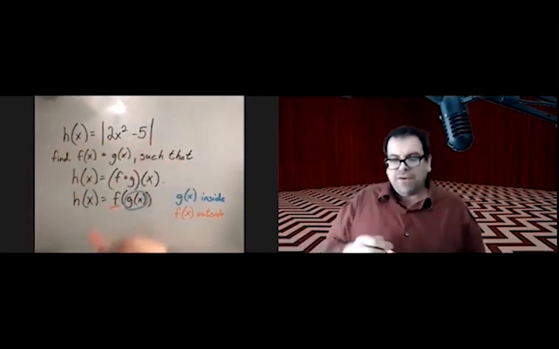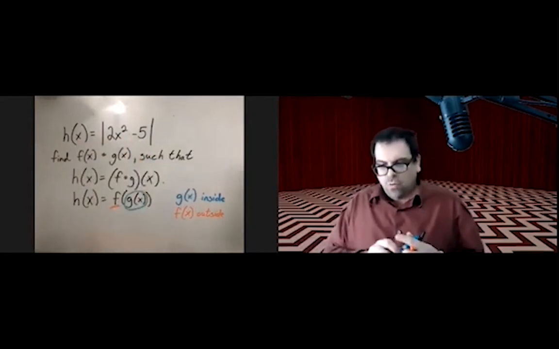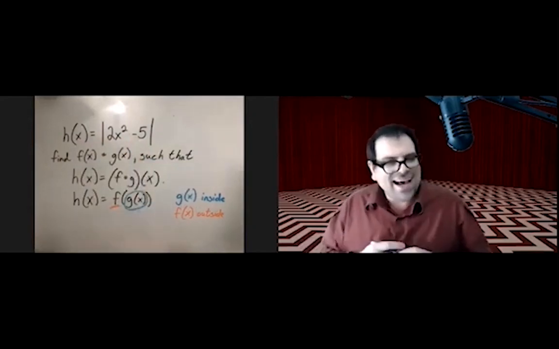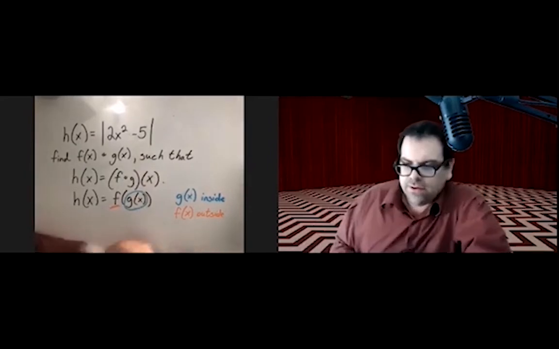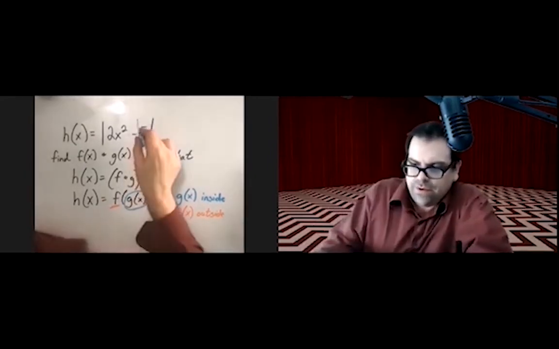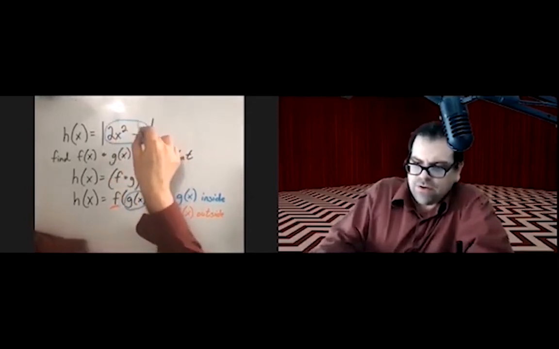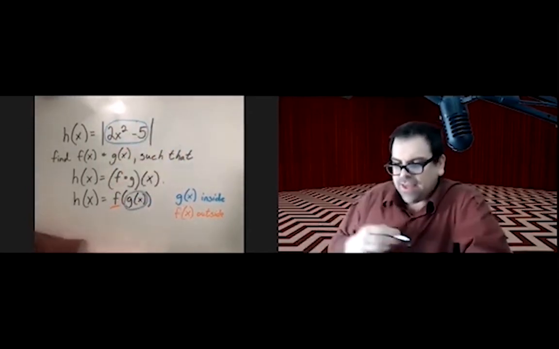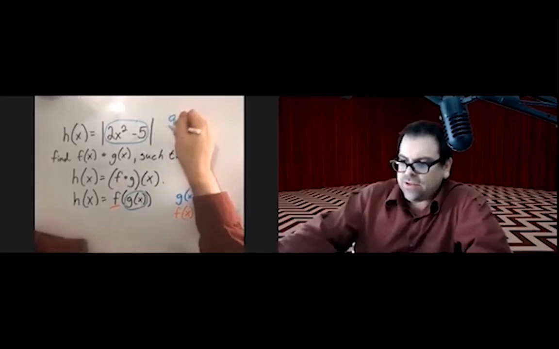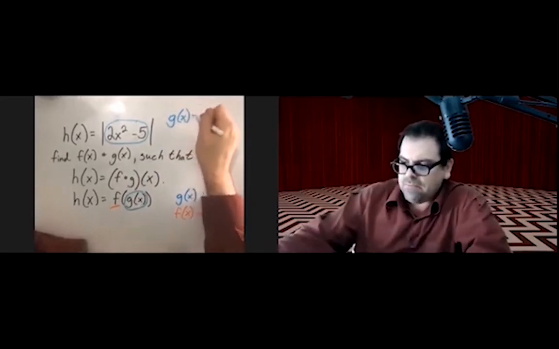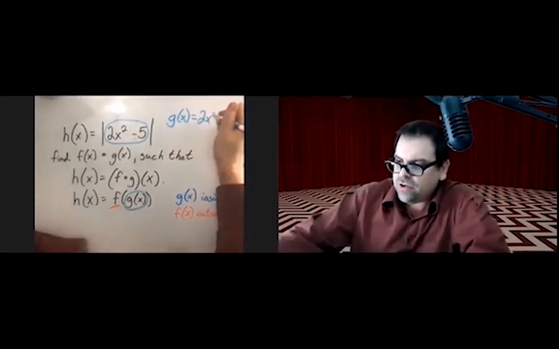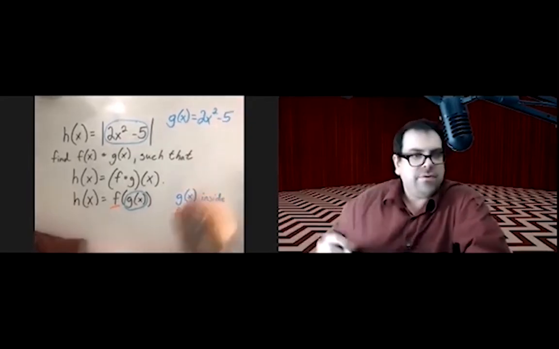Now let's look at what we have for h of x. What is on the inside of something up here? Well, 2x squared minus 5 is on the inside. So g of x must be 2x squared minus 5.